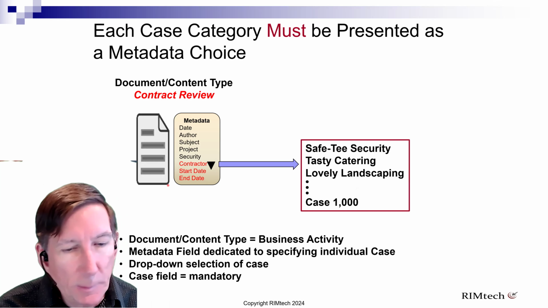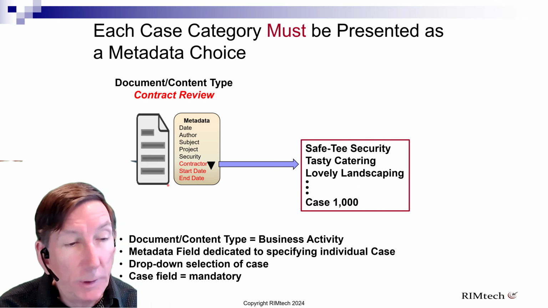We can't put a document in about an employee and say, this is a performance review for an employee, but I'm not going to tell you which one. It's a secret. That makes no sense at all. So yes, we have to have a way to force the user to tell us which case the document is related to at all times in SharePoint. And that's our job. We have to set up SharePoint so that it works properly for the software, so the record software can do its job.